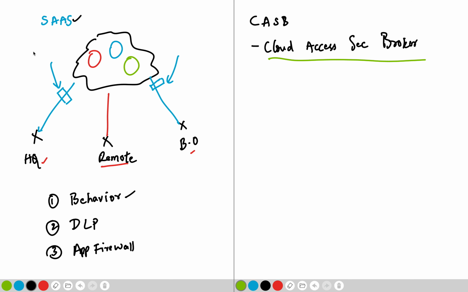There are many other features as well, but these three are very critical, and you really need these features to be consistent to enforce security policies. And CASB basically allows you to provide that.